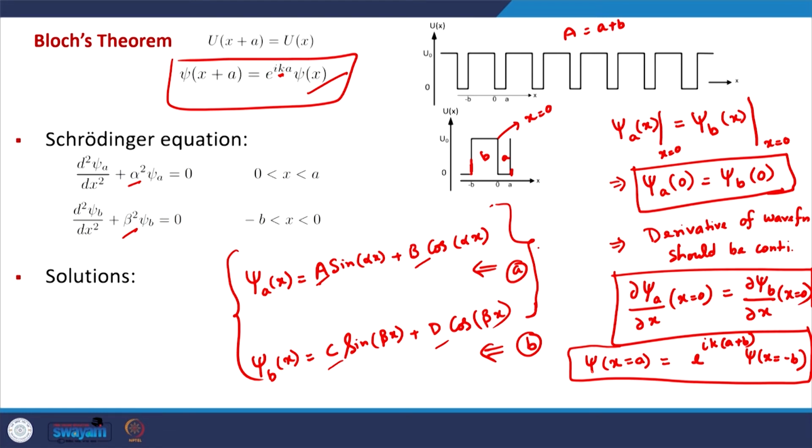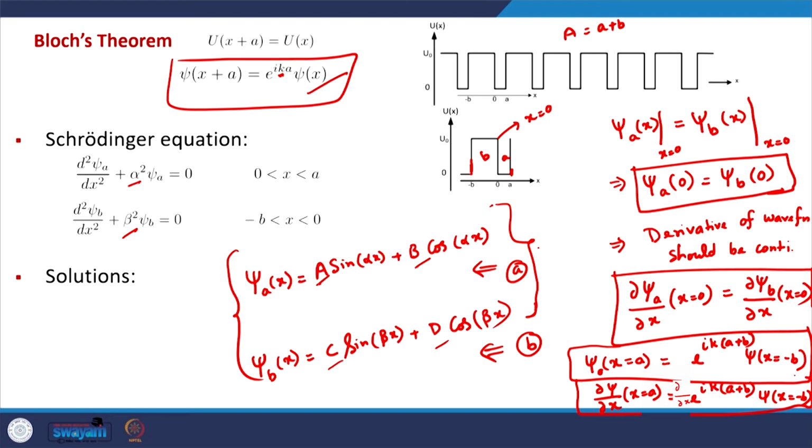Similarly, a similar statement of Bloch's theorem holds true for the derivative of the wave function, and from there we can see that del psi by del x at x equal to a should be equal to exponential i k (a plus b) times psi at x equals minus b.